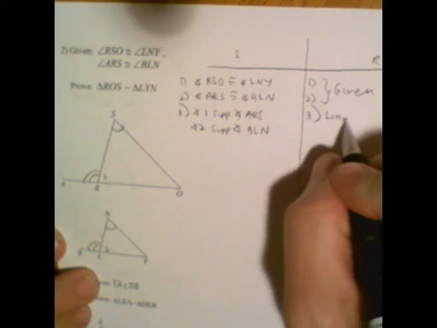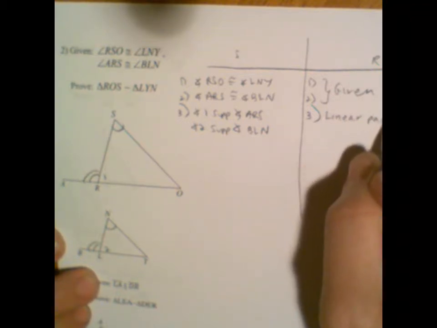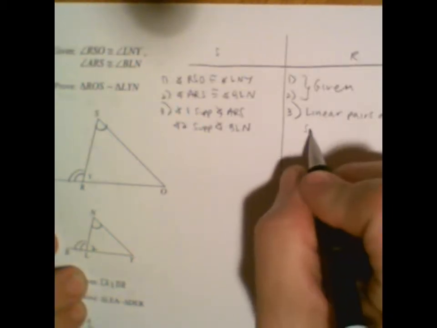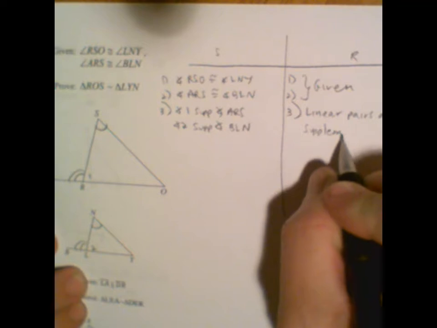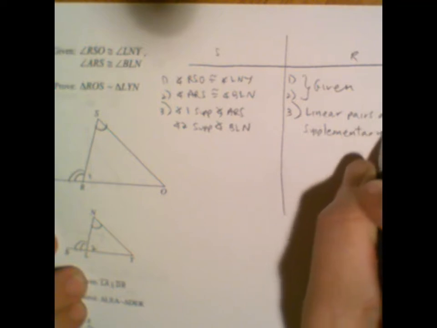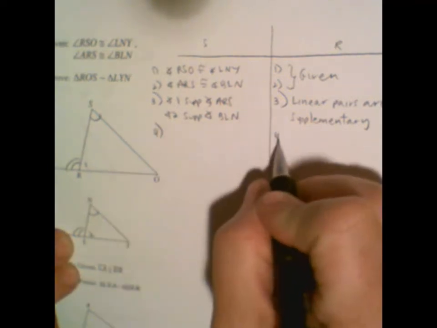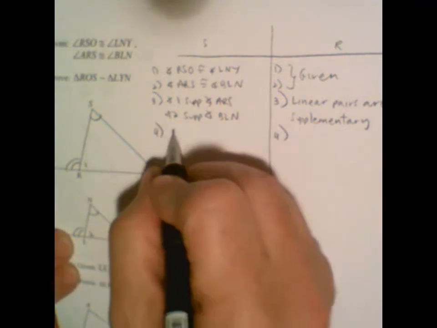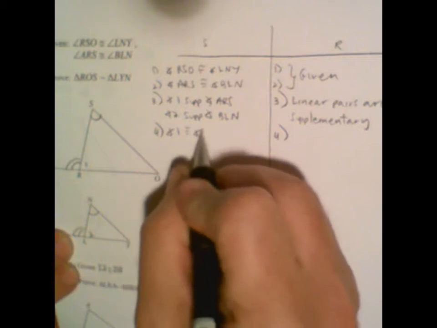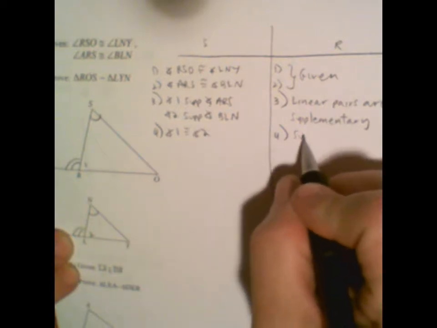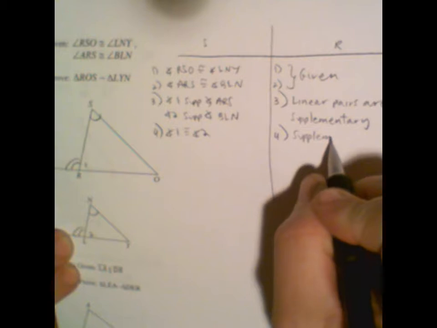Because linear pairs are supplementary. Okay, now I can say that angle 1 is congruent to angle 2 because supplements of congruent angles are congruent.